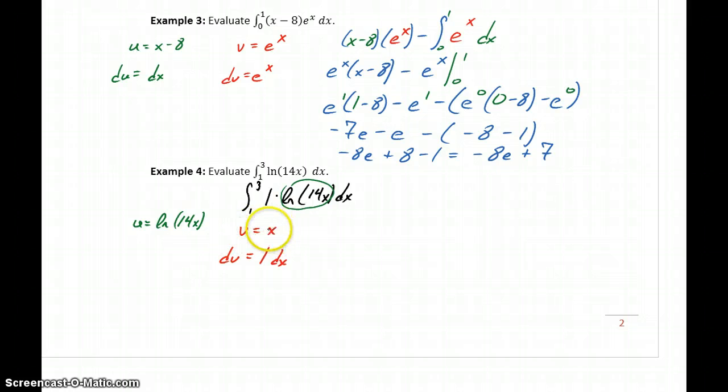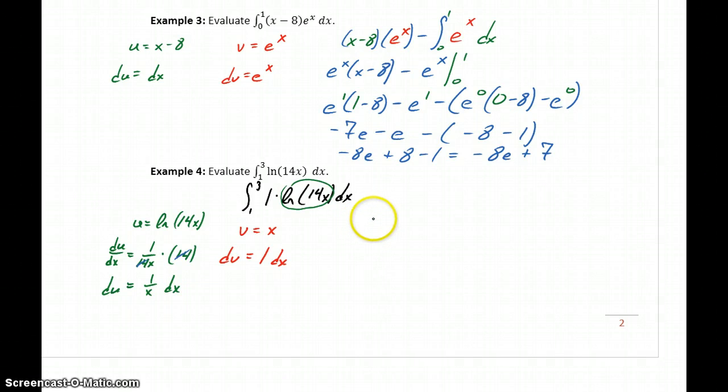Integrating will give us v is equal to just exactly x, and differentiating here will give us du over dx equals 1 over 14x times the derivative of that interior portion, so times 14. 14 over 14 will cancel, so we'll get du equals 1 over x dx.